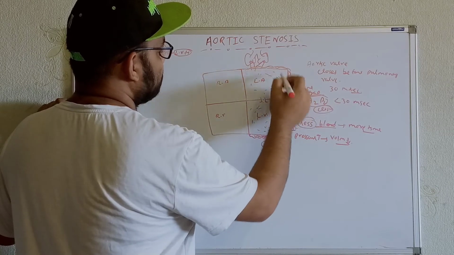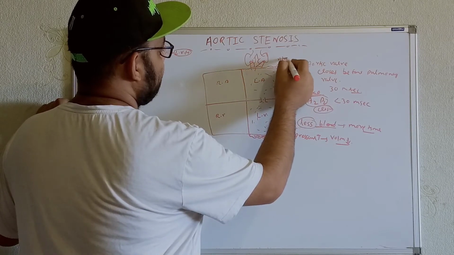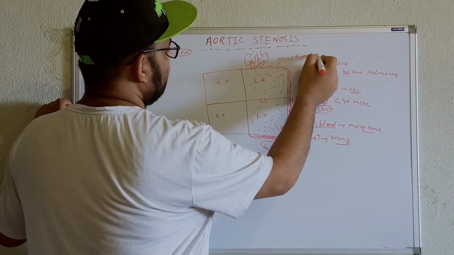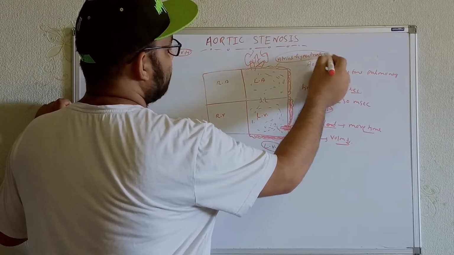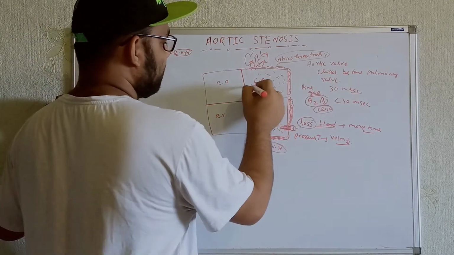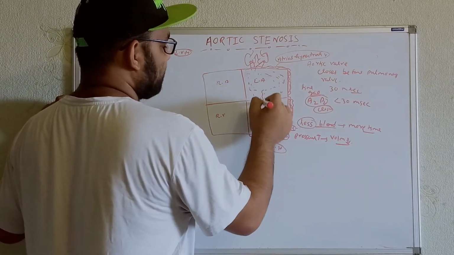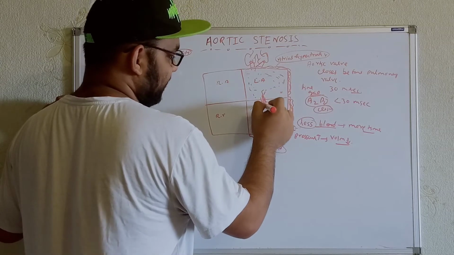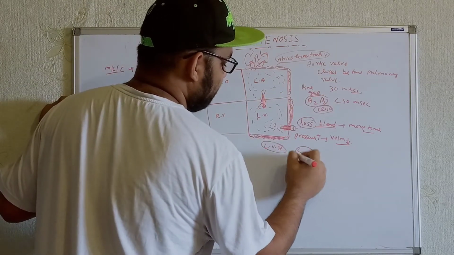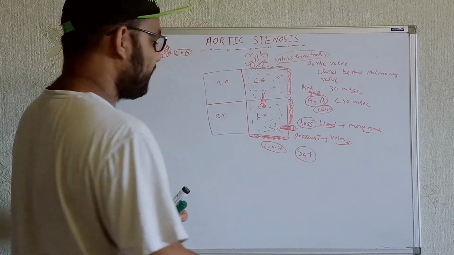Okay, that will also cause atrial hypertrophy. Now whenever the hypertrophic atrium squeezes the blood and sends it against the hypertrophic ventricle, at that time we'll see the production of the S4 heart sound.